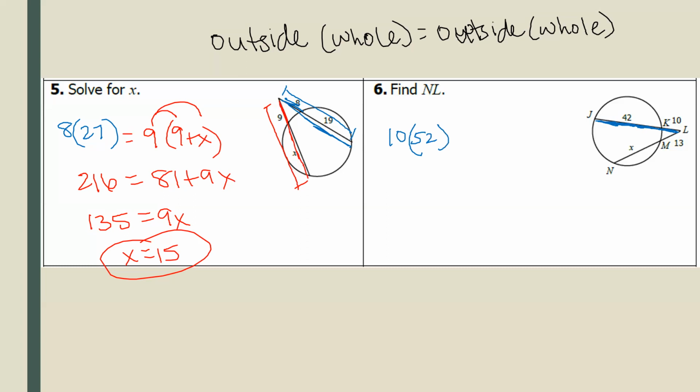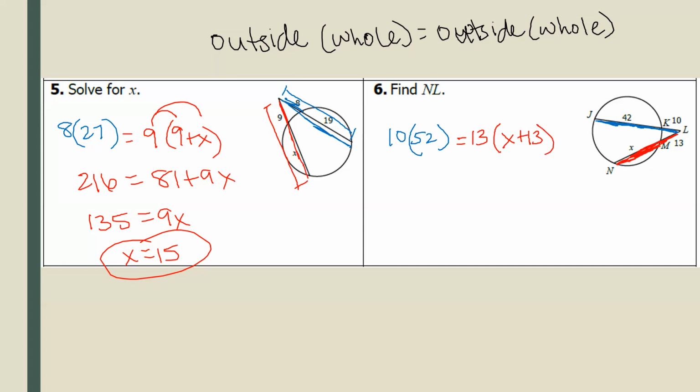Okay, now let's look at the other secant. We'll make it red. On my red secant here, what's the piece on the outside? It's 13. And what is an expression to represent the length of the whole thing? It's x plus 13, or you could have said 13 plus x. Either way, that's correct.